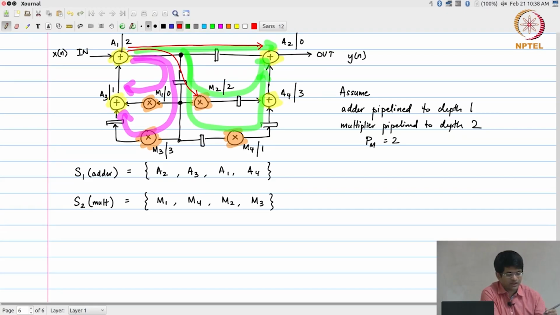The edge from A1 to M2 also has one delay element on it. The edge from A1 to M4 has two delay elements on it, because when I take that path I have to pass through two such registers, two delay elements.